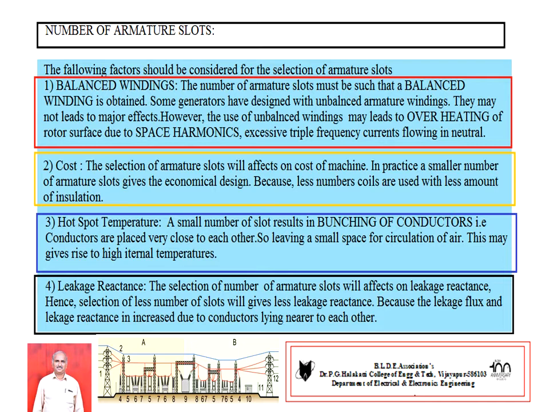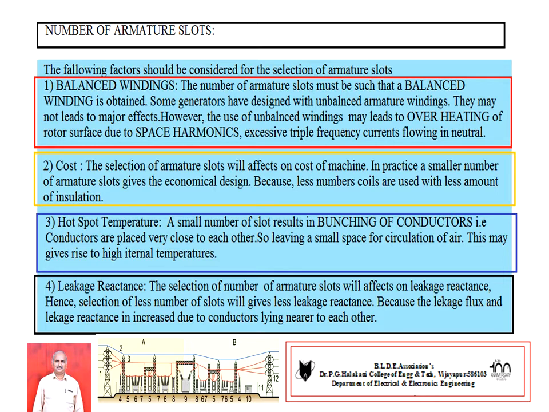Number 2, cost. Always the machine should be designed for economical or less cost. As per the consideration of cost, the selection of armature slot will affect the cost of machine.